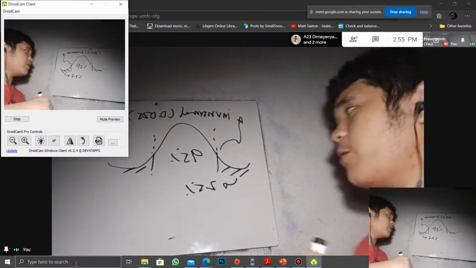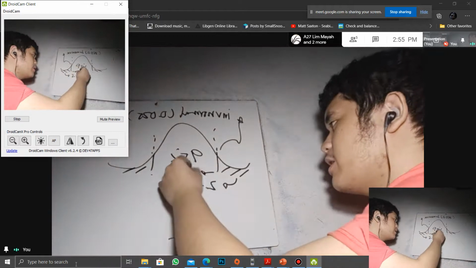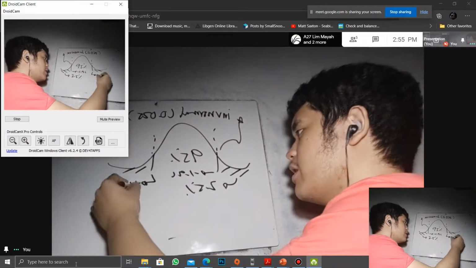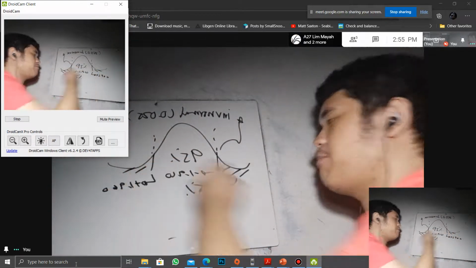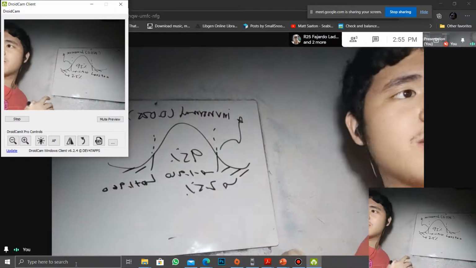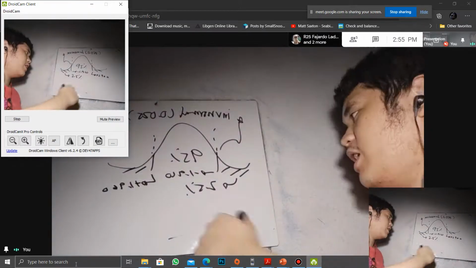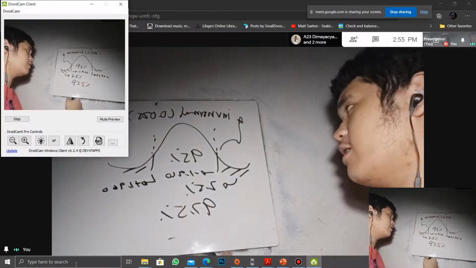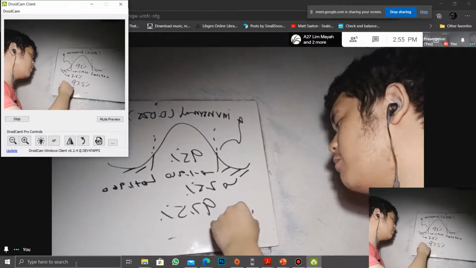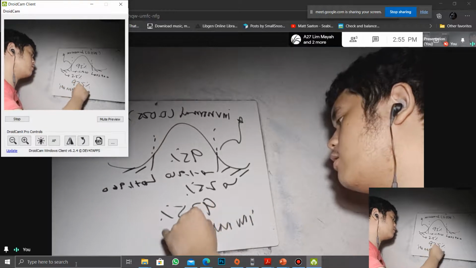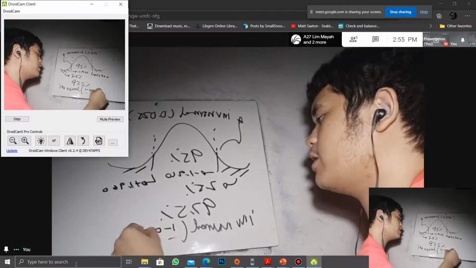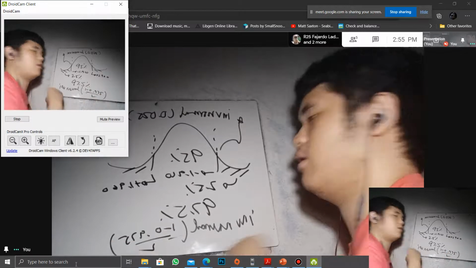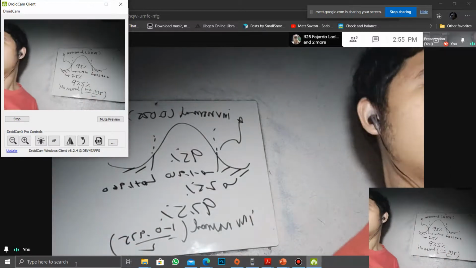Negative 1.96 and positive 1.96, to three decimals. There. So, for example, if I ask you for a 97.5% confidence interval, get the inverse normal of 1 minus 0.975 over 2. That is the z-score. Okay? That's what it means.